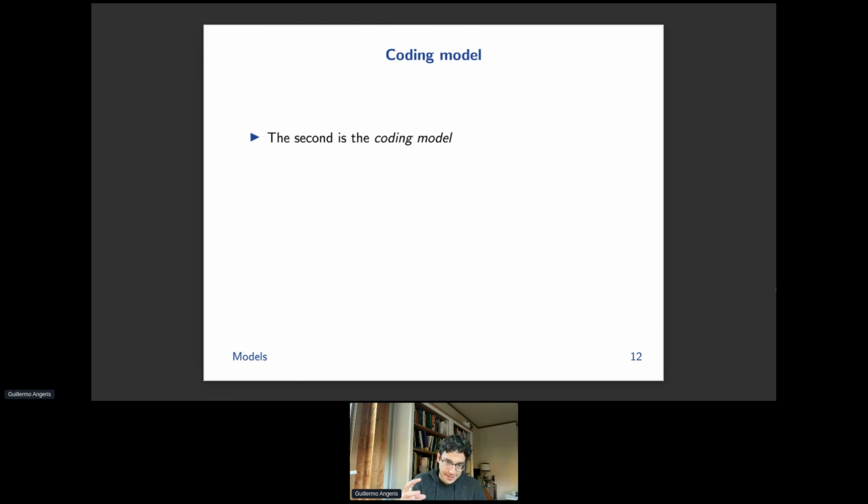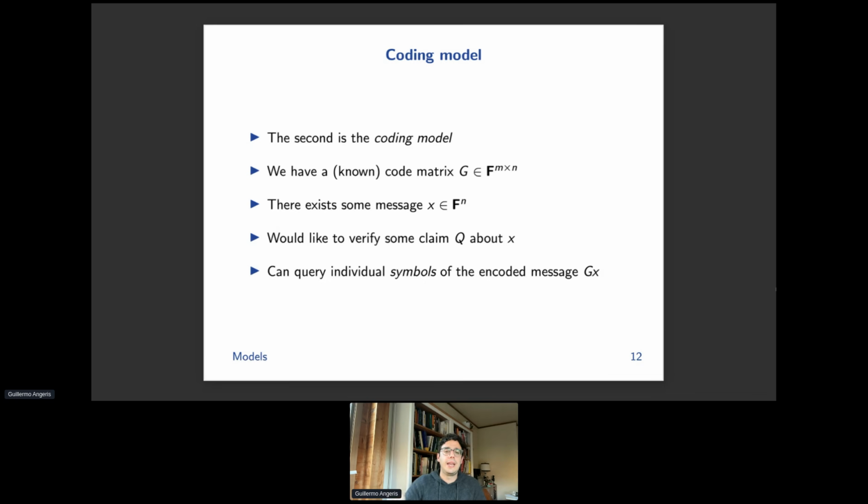This is the direct access model, where you directly get to look at the entries of x. The second model is called the coding model. In the coding model, there is a public code matrix, or a public error correcting code matrix, G. G, as will be standard for pretty much the remainder of the lectures and throughout the paper, is an m times n matrix.